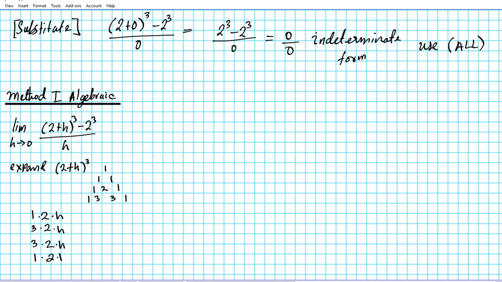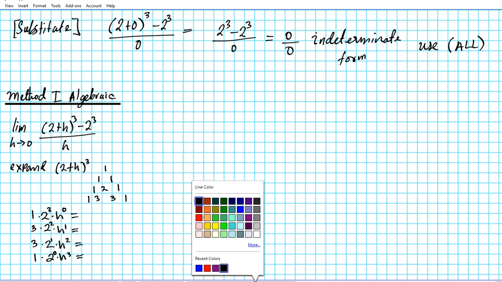The 2 will descend from the power 3 all the way to 0. So we have 3, 2, 1, 0. And then h will ascend from 0 to 1, so h to the 0, 1, 2, 3. So let's multiply the terms out. That will give us the terms of the expanded form of the binomial cube, 2 plus h raised to the third power.